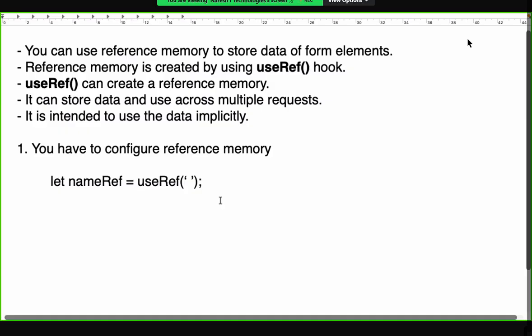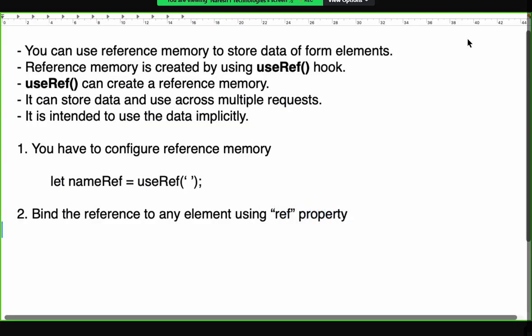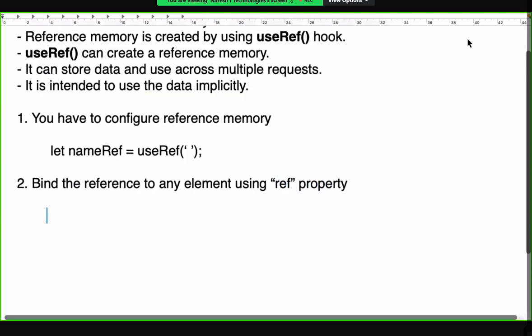Next important, you have to bind the reference to any element using the ref property. Every element has a ref property. That means input ref is equal to name ref. Suppose you are having a drop down, ref is equal to some city ref. Like this, we need to define reference.